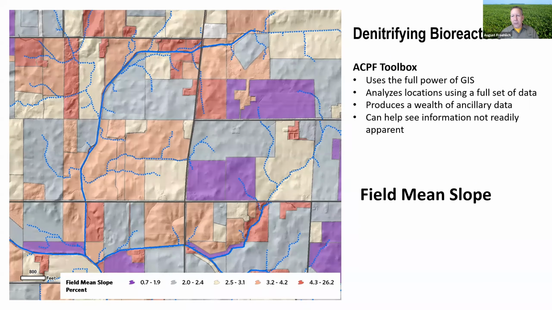What we really want to be able to do is look at how are the fields and how sloped are the fields. The tool will go through each of these field boundaries, which is a data layer that you provide to the tool, and sum those continuous percent slope values and establish the mean slope for the specific field.